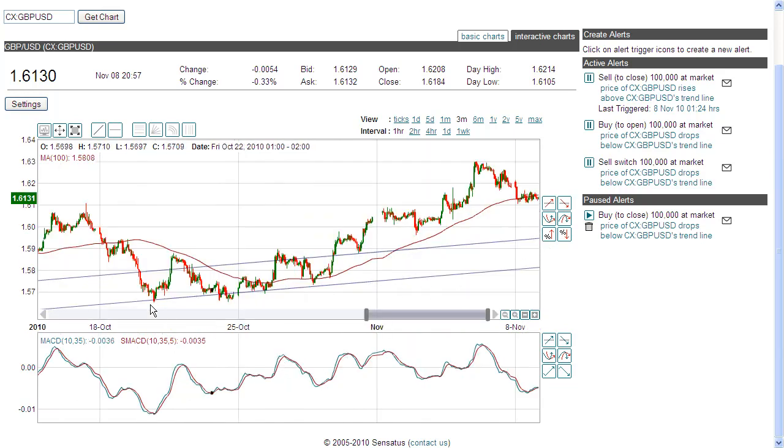So what I'm looking for is the price to break through support, something like this, and then I will stay in a short position until there's a positive MACD crossover or I hit the trend line. So let's set that up.